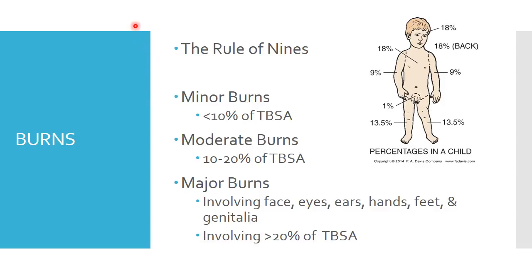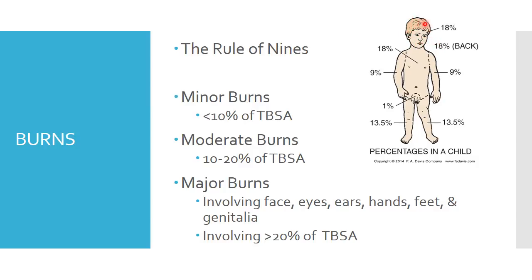Then they're going to go to an authorized, credentialed burn center. I think in your book it may say greater than 30% for a major burn, but go based off this; it's going to be involving greater than 20% of TBSA. So I would be aware of what the percentages are for a child for the rule of nines, okay?